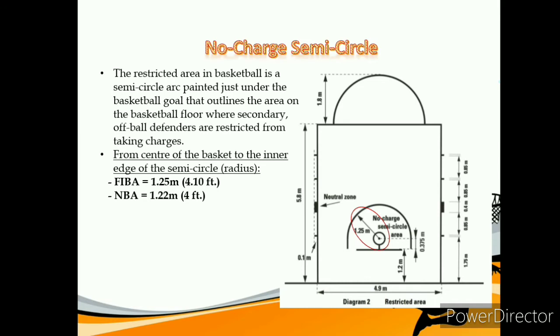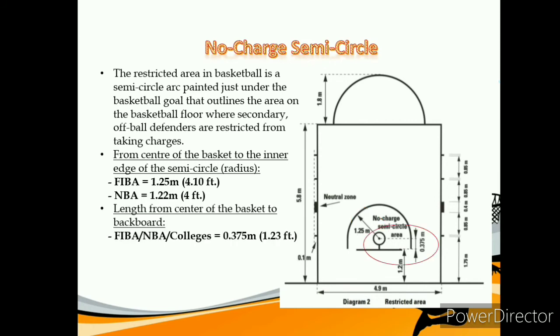From the center of the basket to the inner edge of the semicircle, its radius in FIBA is equivalent to 1.25 meters or 4.10 feet, while in the NBA, it's 1.22 meters or exactly 4 feet. Next is the length from the center of the basket to the backboard.